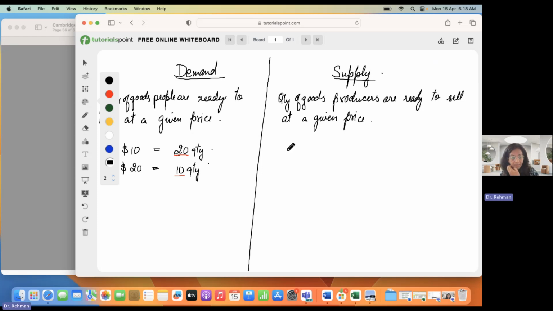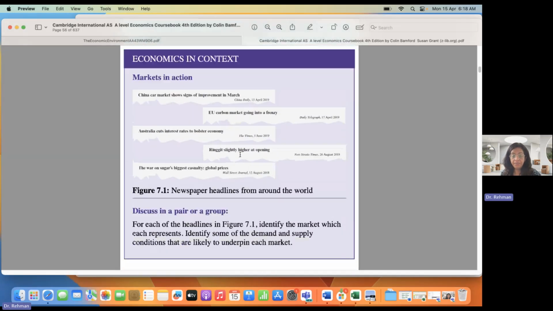Now, in this case, let us say that at $10, a supplier is ready to sell 10 quantity, but as the price increases, it is more beneficial, it is more profitable. So suppliers would like to supply more quantity because it's profitable to them.